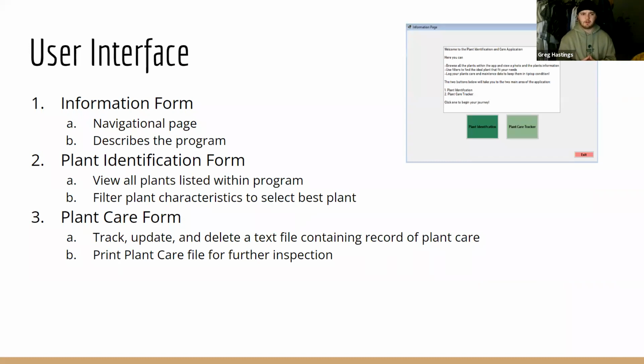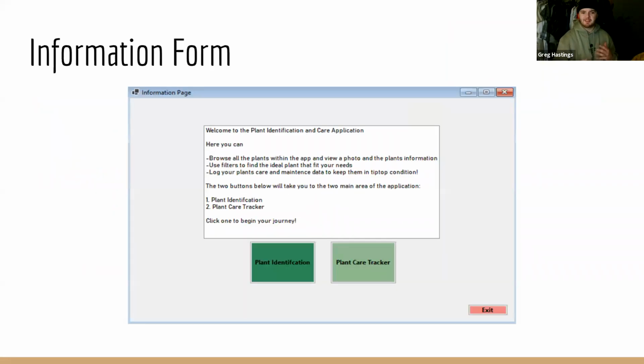In terms of the user interface, there are 3 main forms that the application is composed of. The first, information form. Second is the plant identification form. And the third is the plant care form. The plant information form is essentially a navigational page as well as basic description of the entire application.